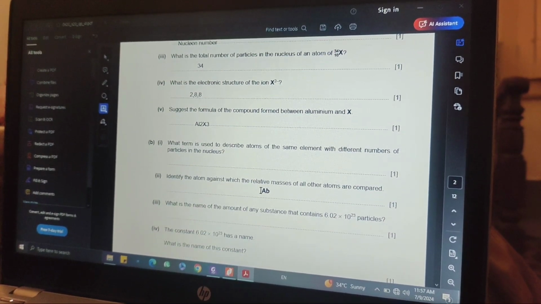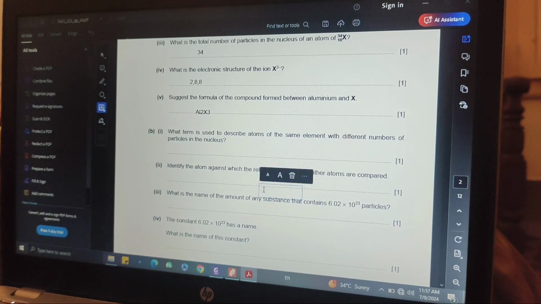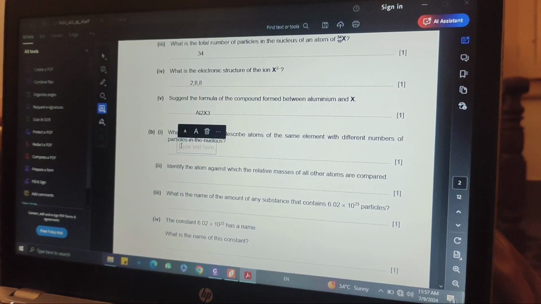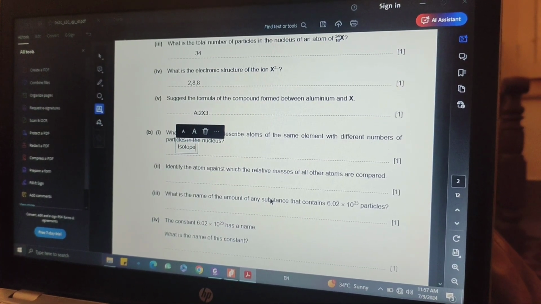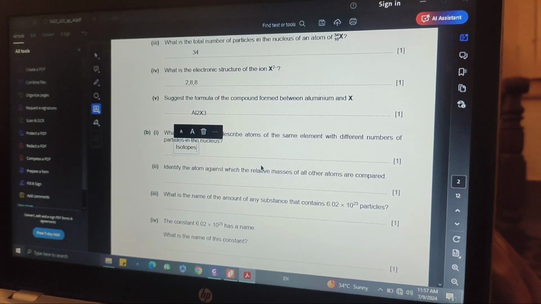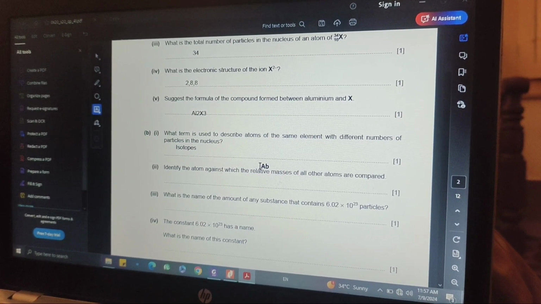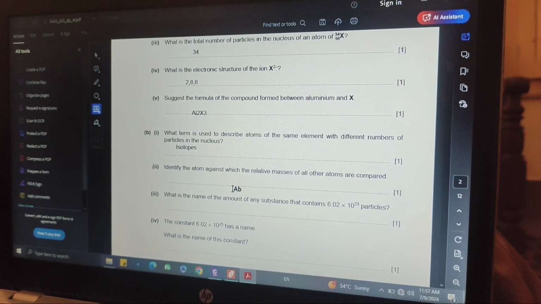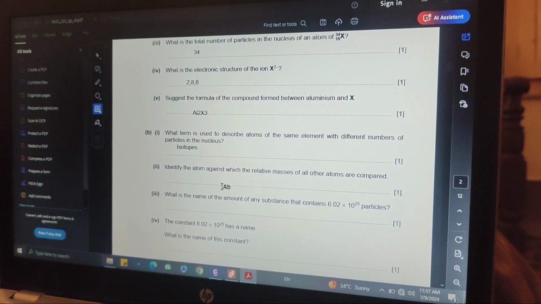What term is used to describe atoms of the same element with different numbers of particles in the nucleus? So I hope people already know: isotope. Isotopes are the atoms of the same element having the same atomic number but different atomic mass, or different nucleon number, or we can say different number of neutrons.